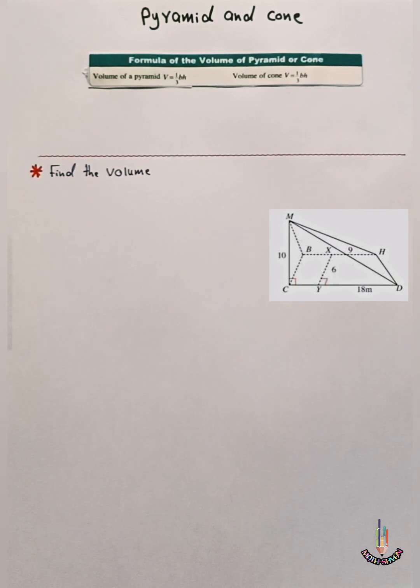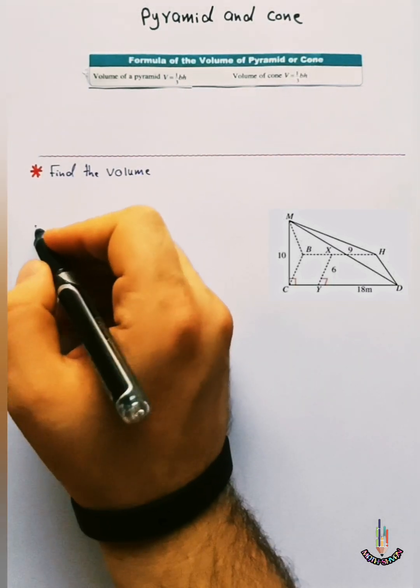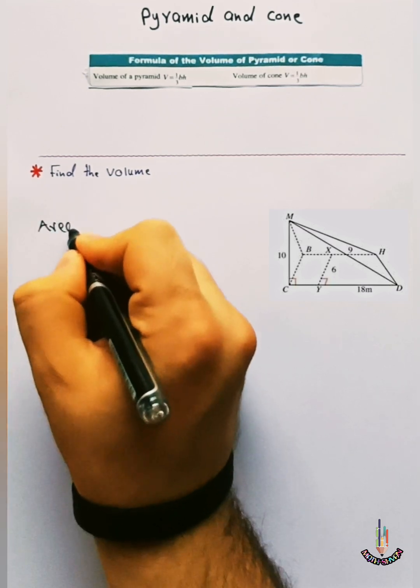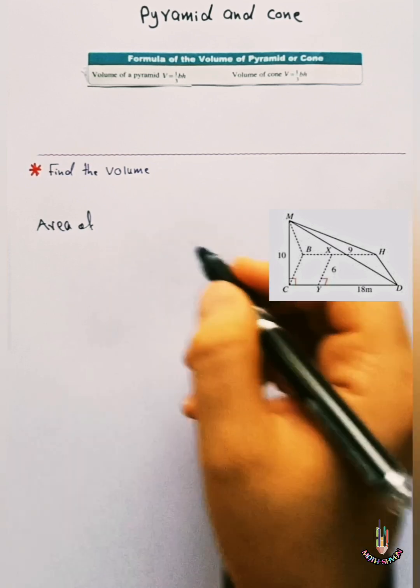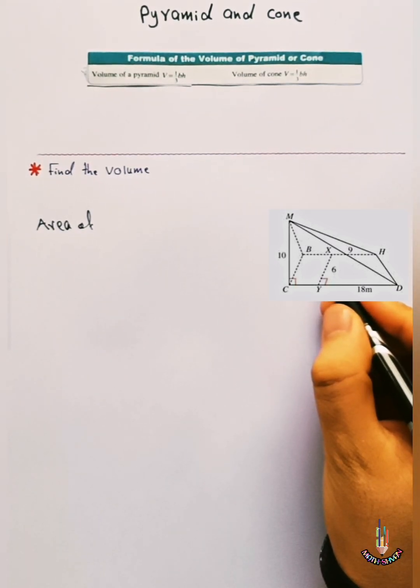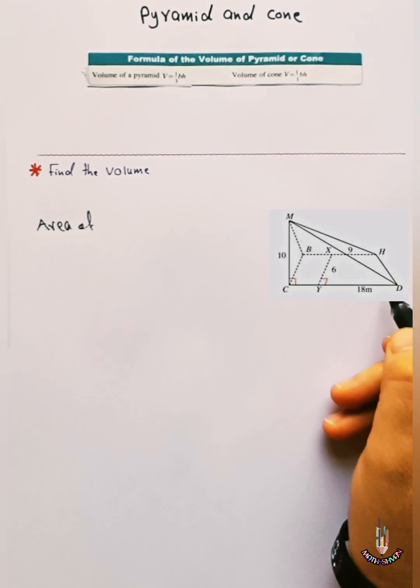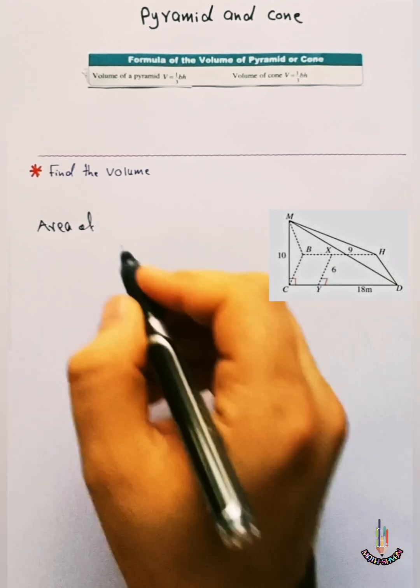First, we have to find the area of the base. The area of the base is a trapezoid, so you have to find the area of the trapezoid. The trapezoid is BCDH.